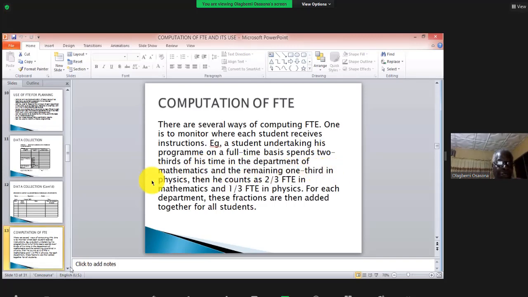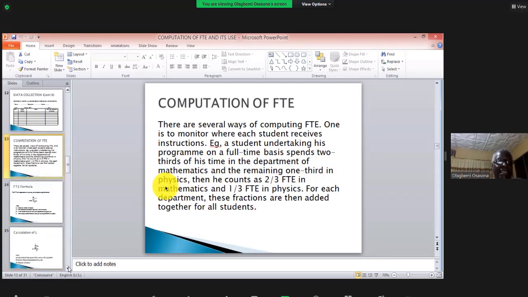So we monitor such areas, go to all students, monitor them, and add them together. You can see this is very cumbersome. So we need a more effective way of doing this.